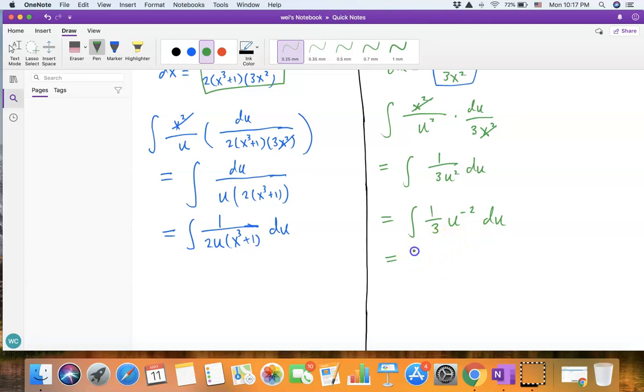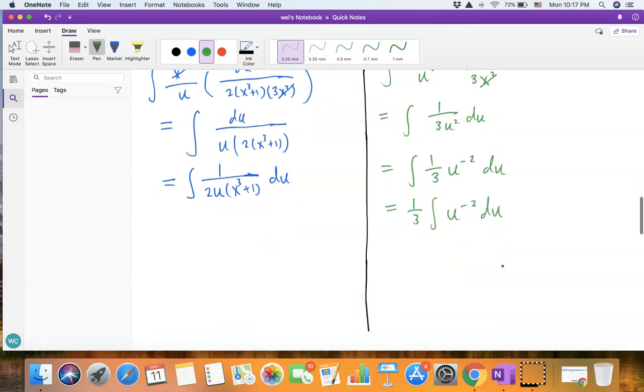Let me continue from here. We factor out this constant, and next, according to the power rule, -2 is n.